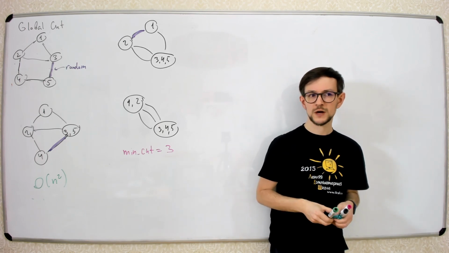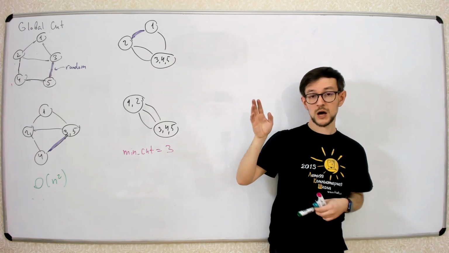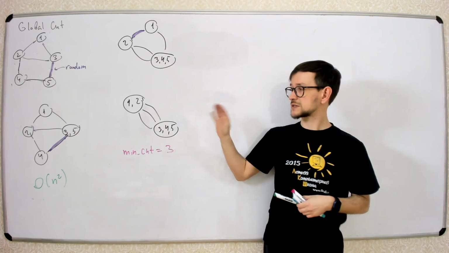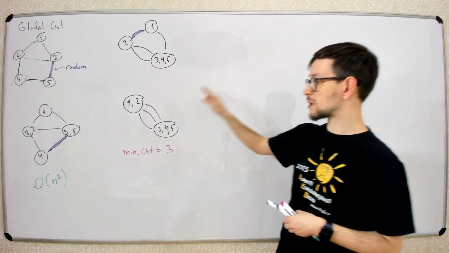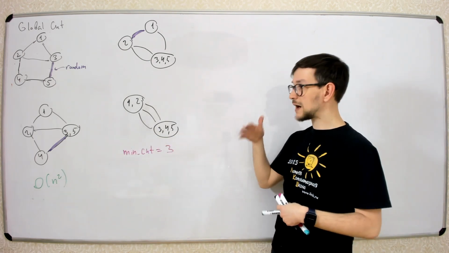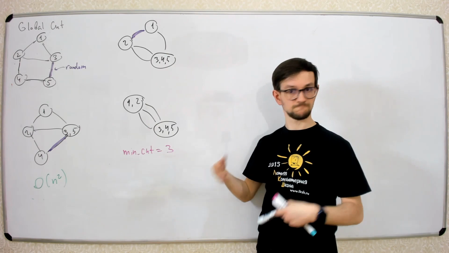But before we had algorithms which are always correct, but the time complexity is a random value, right? Here it is different. Here the time complexity is always n², but the result is random. So sometimes the result is wrong.